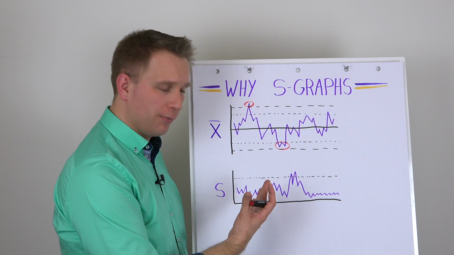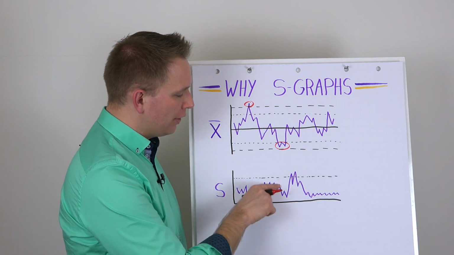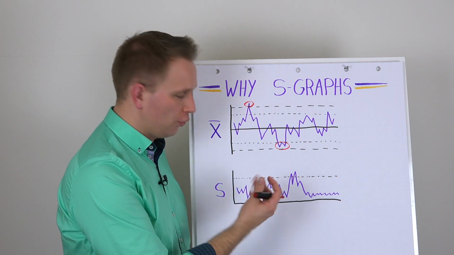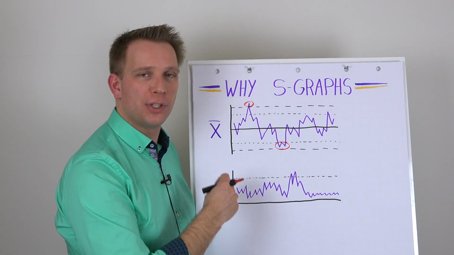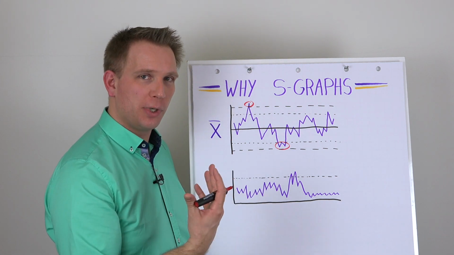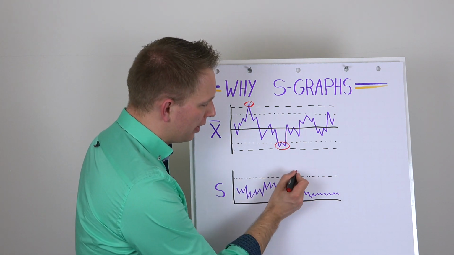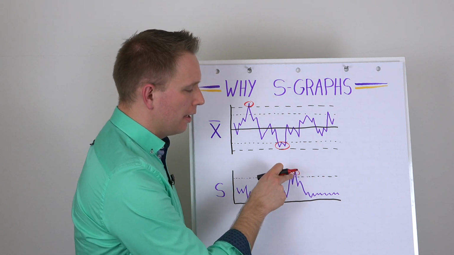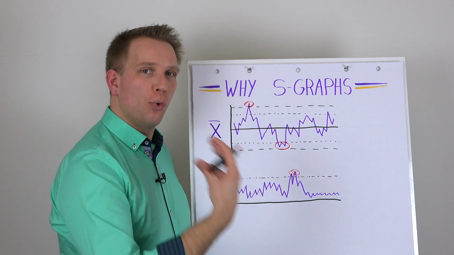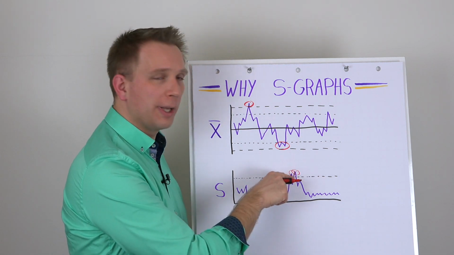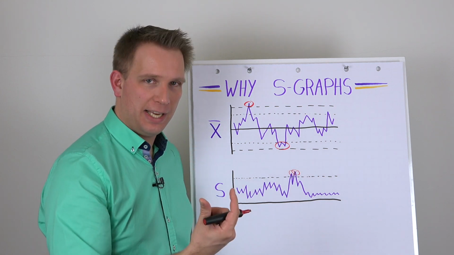Now, what you are looking for is that things are indeed also moving within the whole range of standard deviations that you expected, that you had when you set up the system under ideal conditions. And at some point, a sample can go over your control limit for the standard deviation within the sample.